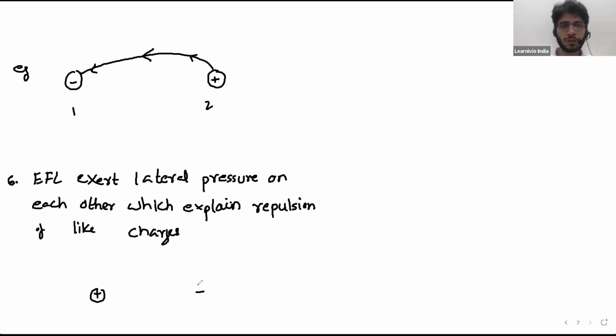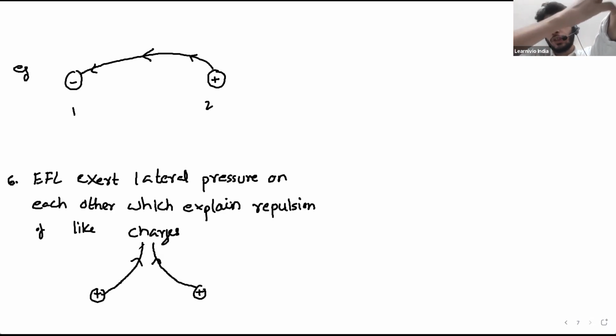Lateral pressure means, say if you have two positive charges, then the field lines will exert pressure over each other, and due to this pressure, they will modify in this way. This is what we call that these field lines are exerting pressure over each other. This is known as lateral pressure, and this lateral pressure will explain repulsion.